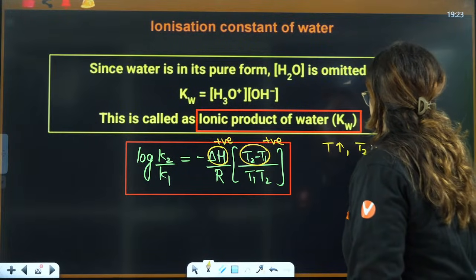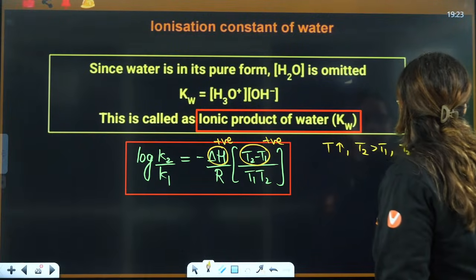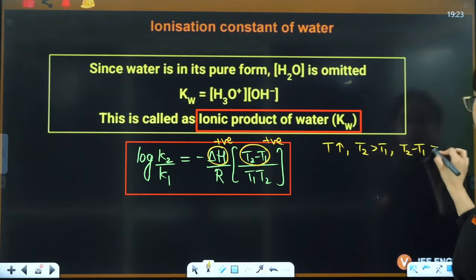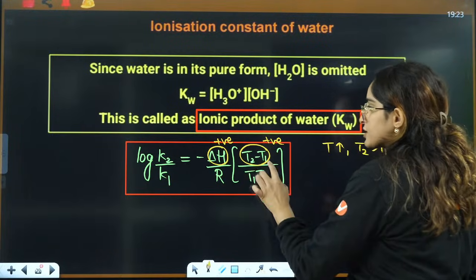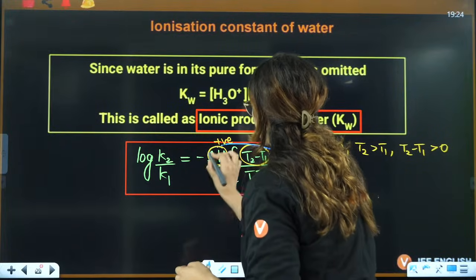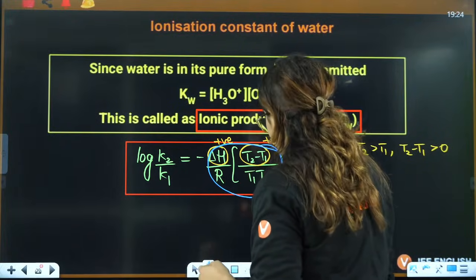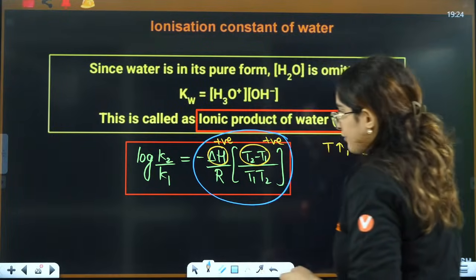That means T2 is greater than T1. That means T2 minus T1 is greater than 0, that it is positive. So if I say this is positive, that means the overall value here is going to be negative, right?